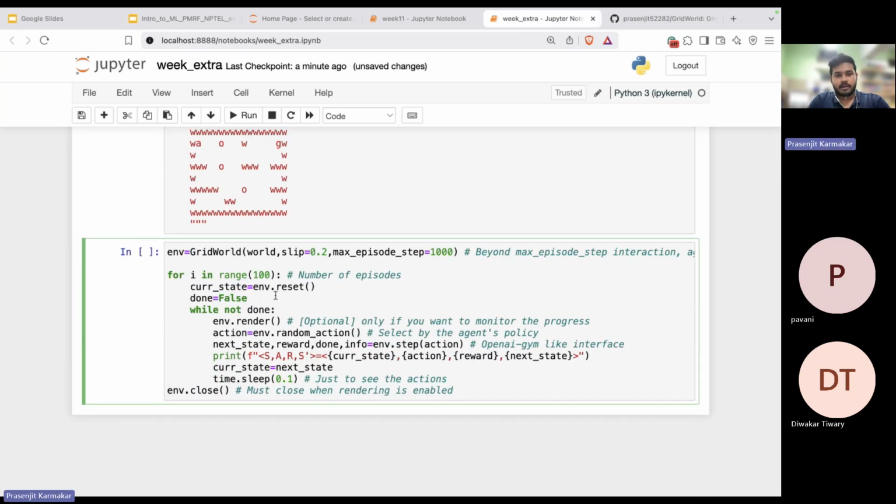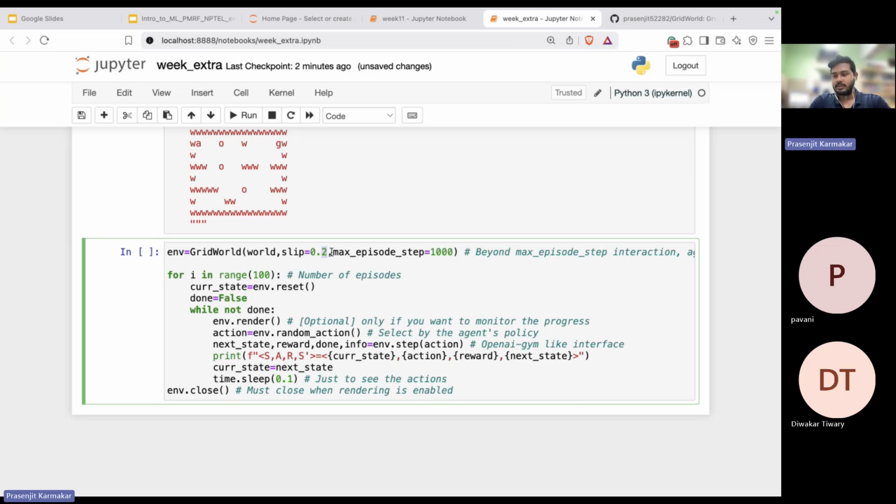Now see, we have defined an environment with slip of 0.2. So there is 0.2 probability that it will not take the desired action, so you will get a different set of trajectories all the time. Even if you take action A2, there is a non-zero probability, 0.2, that it will take some other action.